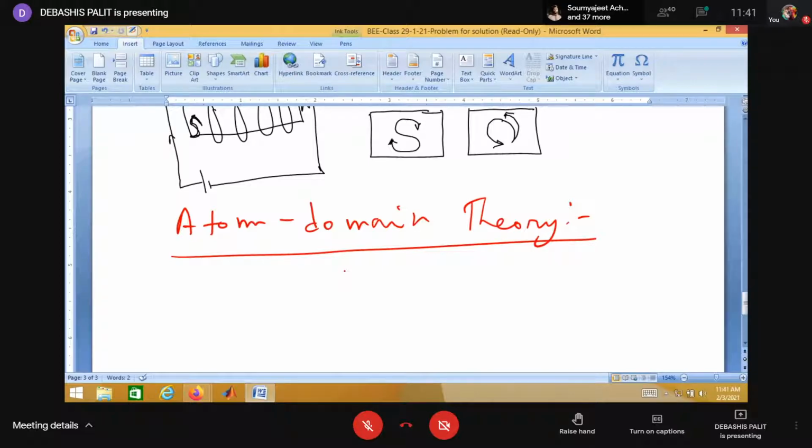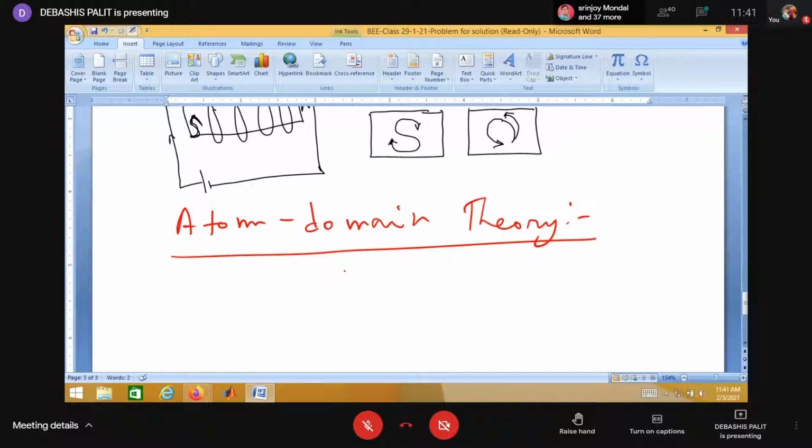There are two types of electron motion: one is the orbital motion, around its nucleus, and the other is the motion on its own axis, called the spin motion. These two motions can dictate the behavior of the atom, or the material, whether it can create a dipole moment or not.